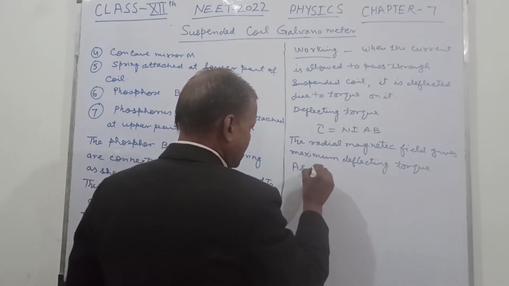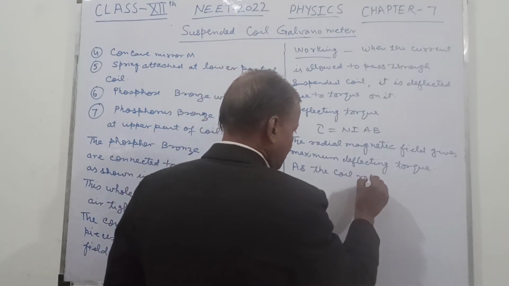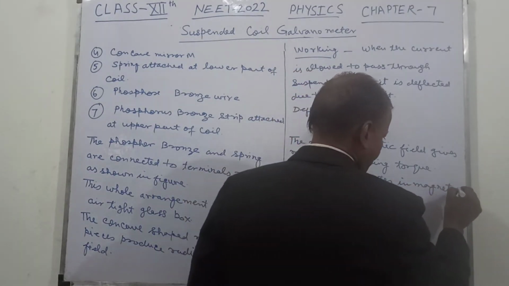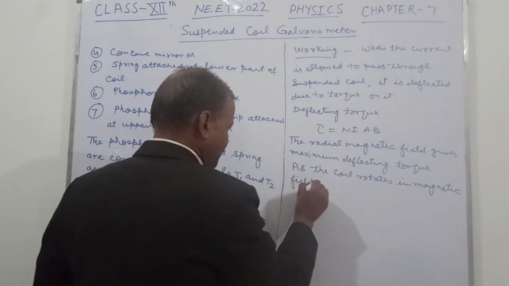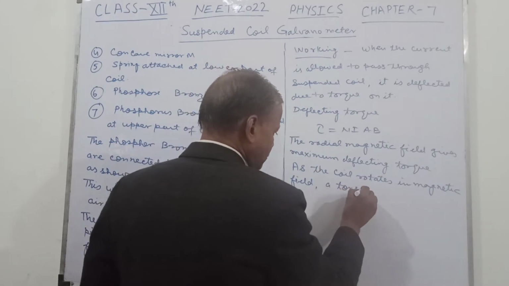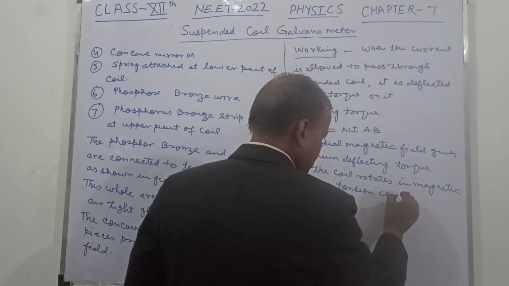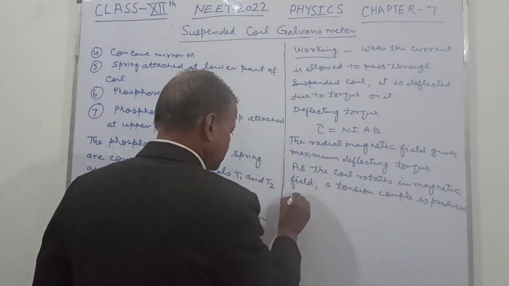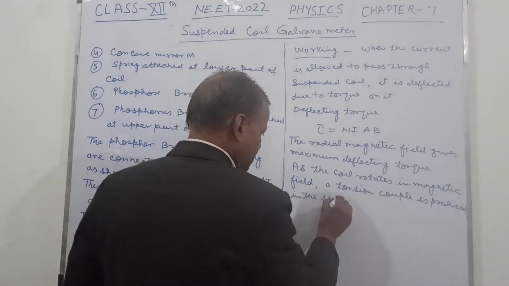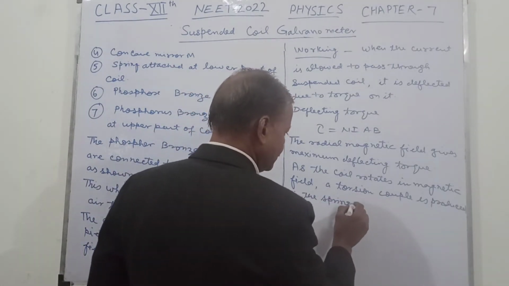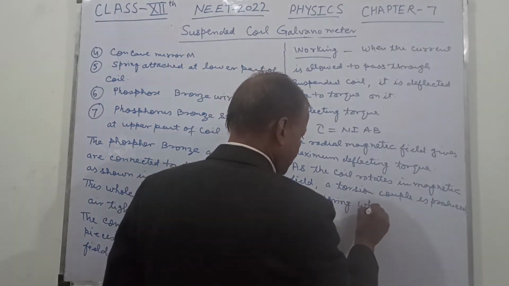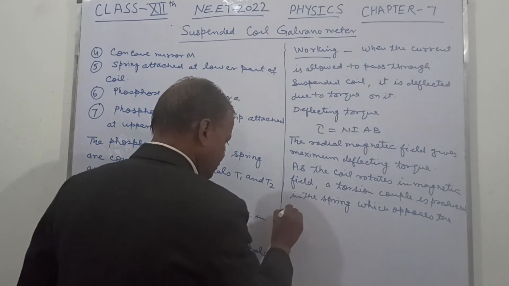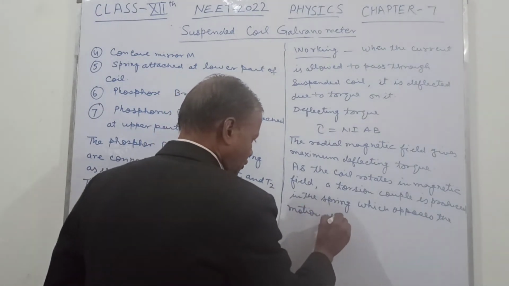As the coil rotates in magnetic field, a torsion couple is produced in the spring which opposes the motion of coil.